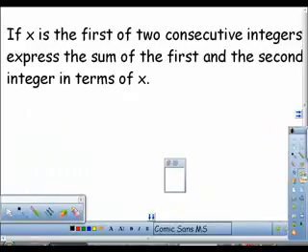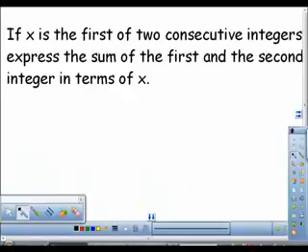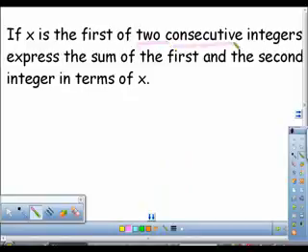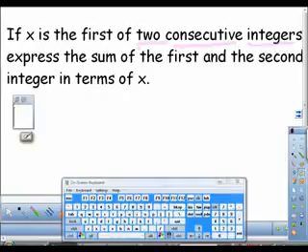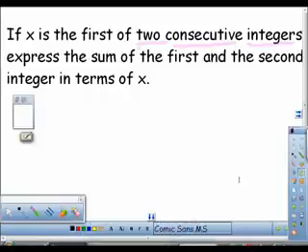Notice it says that if x is the first of 2 consecutive integers. Now that tells me something. That tells me what pattern I'm looking at. And it always works well to go ahead and list that pattern. So we're going to do a let statement.